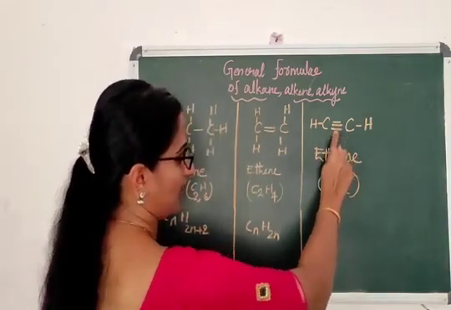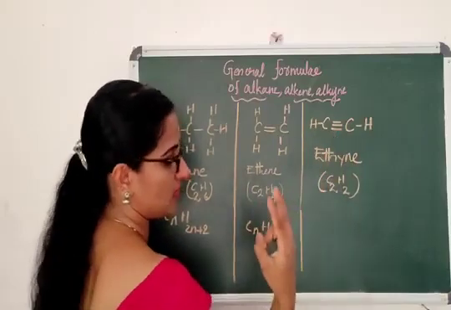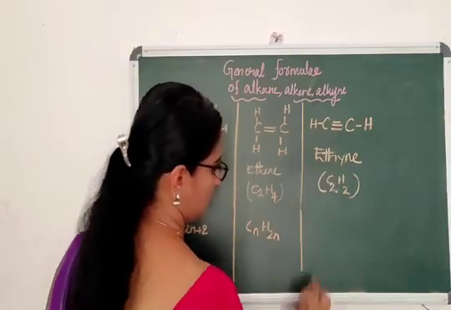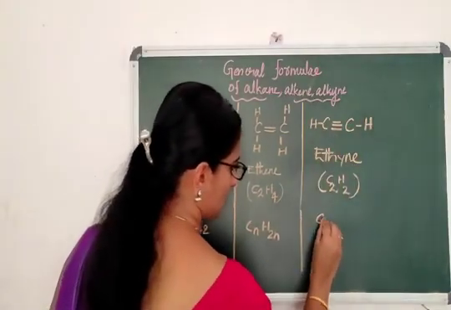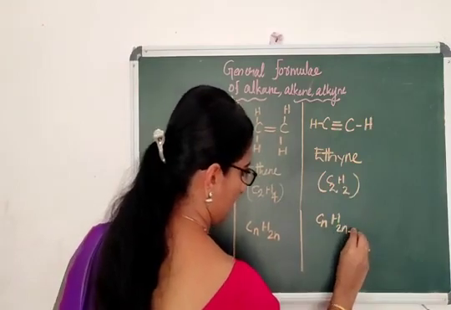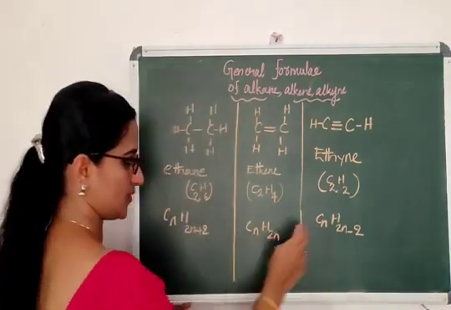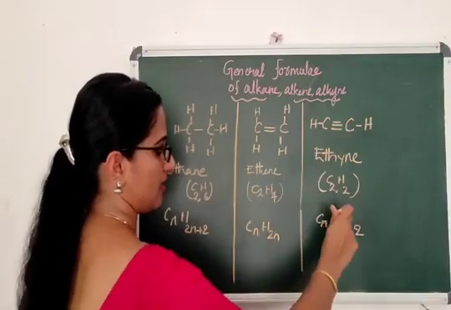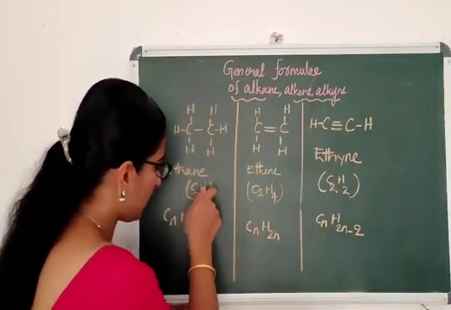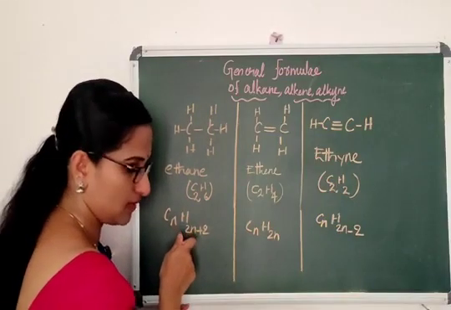Again one more bond has come, and at that time two more hydrogens are reduced. So the general formula is CnH2n-2. This is the general formula of the alkyne series. You can continue this series by using this formula.